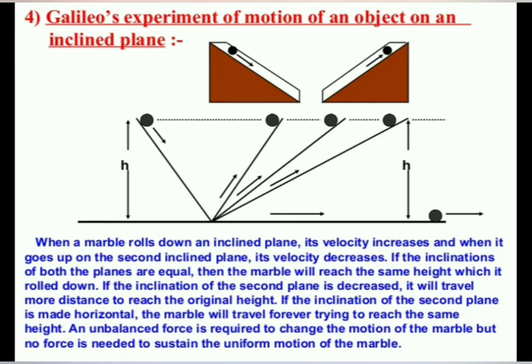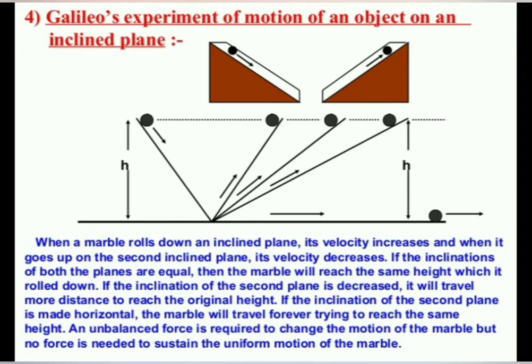In the second inclined plane the velocity will decrease. So once again, listen here. When a marble rolls down an inclined plane, its velocity increases, and when it goes up the second inclined plane, its velocity decreases. Now clear?